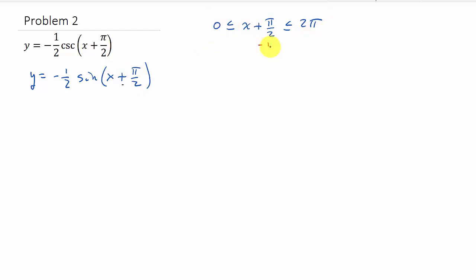Here we'll subtract pi over 2 from everything, and that gives us negative pi over 2 is less than or equal to x, less than or equal to 2 pi minus pi over 2, which is 3 pi over 2. So this is the interval that we're going to graph over.